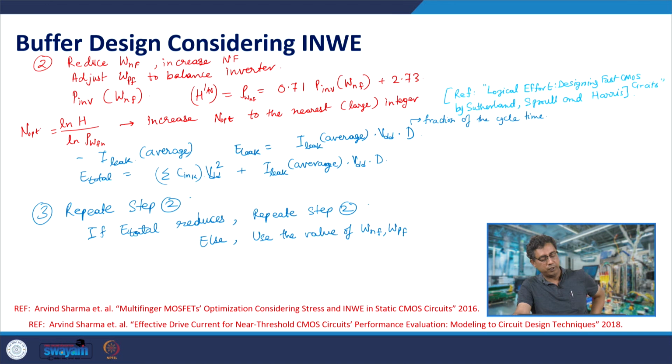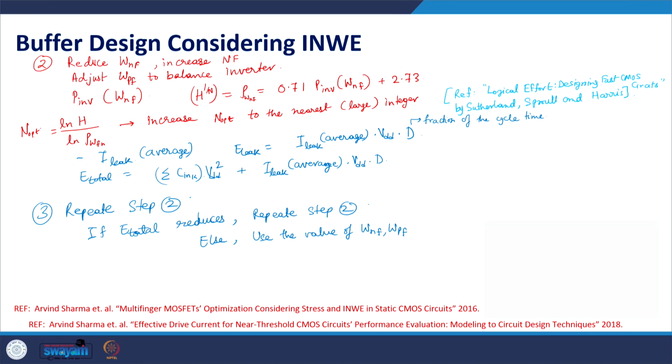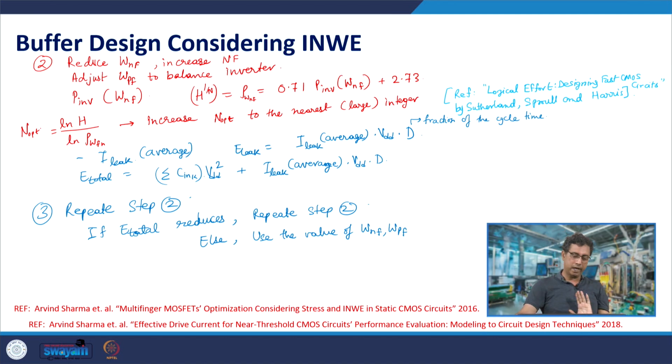So, what is the procedure that we are using? For a given load capacitance and input capacitance constraint, we first fix the finger width of the N MOSFET, and get the corresponding finger width of the P MOSFET which would balance the inverter. Using these values, we use the traditional logical effort method and optimize the number of stages.